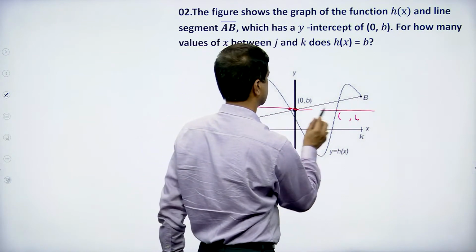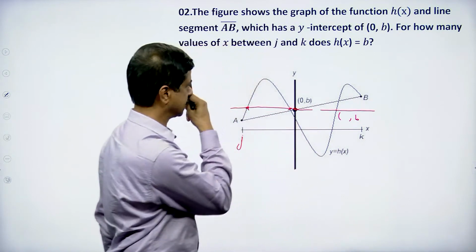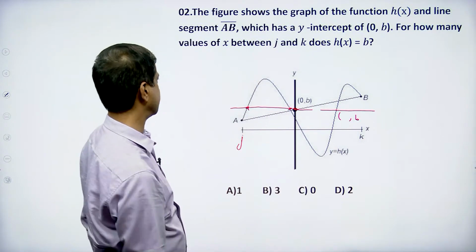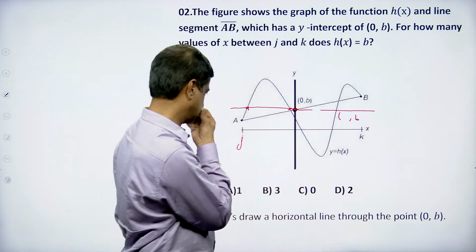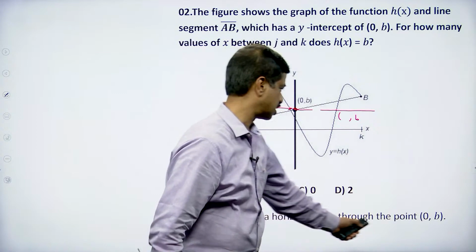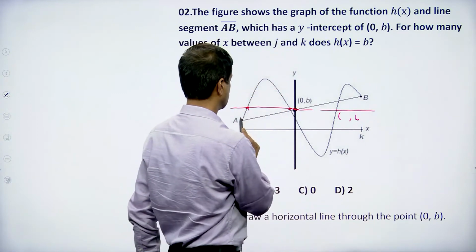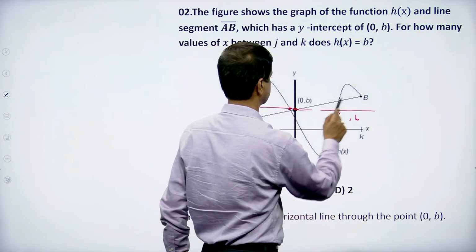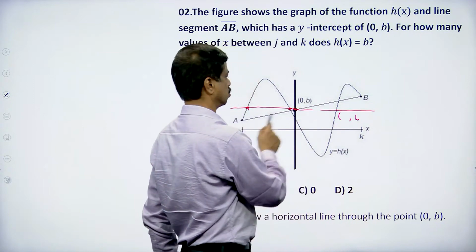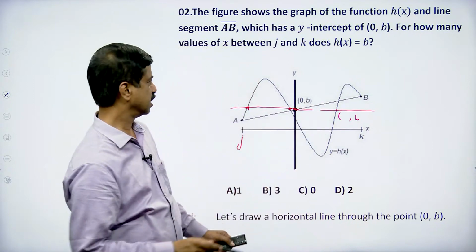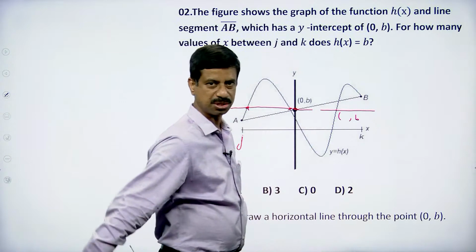So now if you look at the graph, we have three places where it is 0 comma b, something comma b. Let's draw a horizontal line. That's what we have done. Of course, this is not a perfectly horizontal line, children, so graphically you need to correct it. The red line I have drawn is the horizontal line.